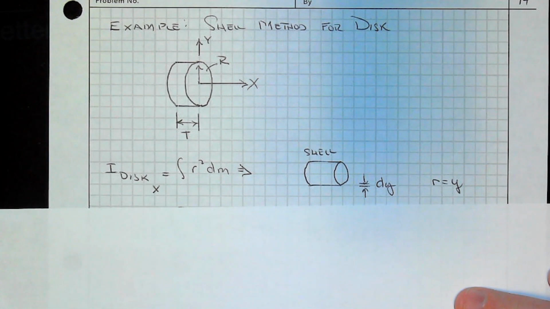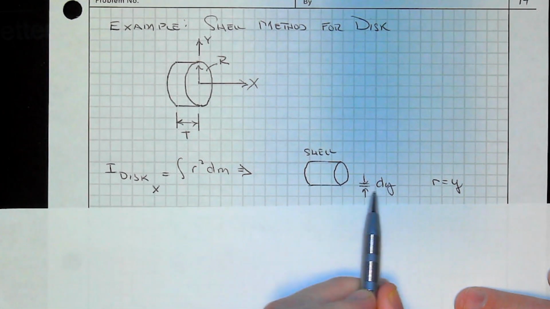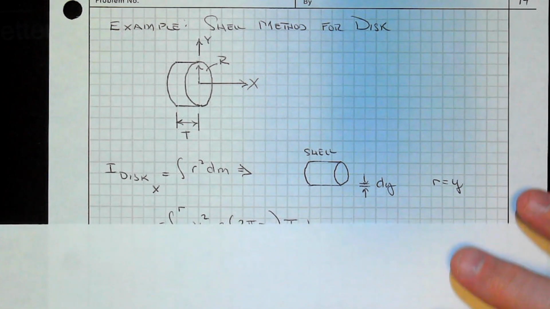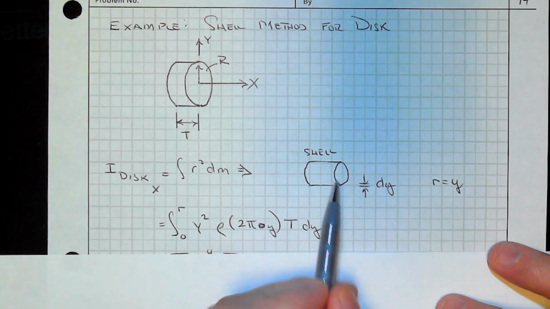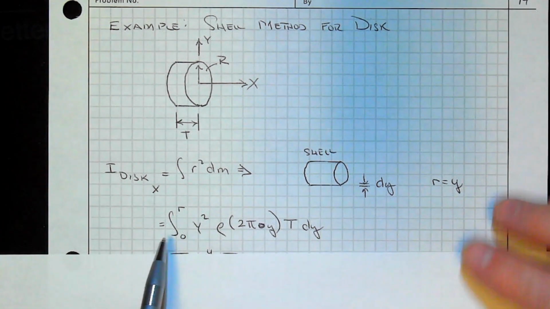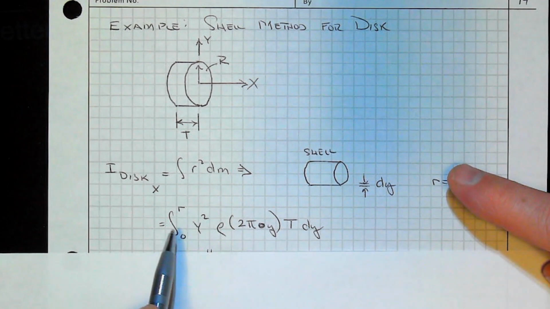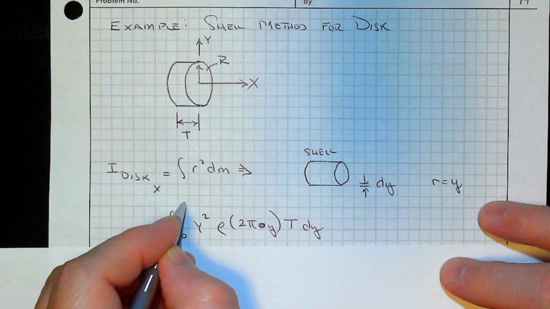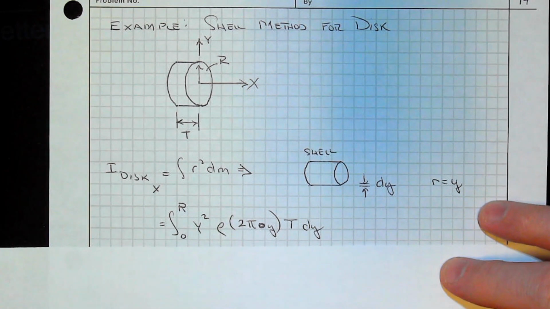That works. So here's dy, and r is equal to y. If I do that, I'm going to be taking shells that start from the initial shells with radius 0, and eventually they'll expand to radius R. I should make this a capital R so you can relate to that.